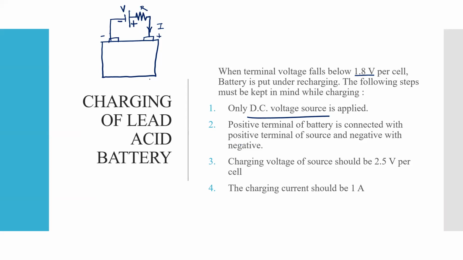Charging voltage of the source, if you want 1.8 volt across these two terminals, then discharging voltage should be 2.5 volt. And the charging current should be 1 ampere. Now that depends on the rate and the size of your battery, but normally we follow this practice.